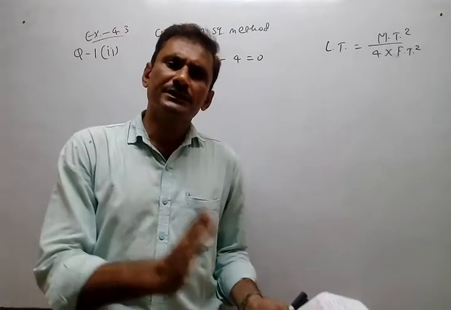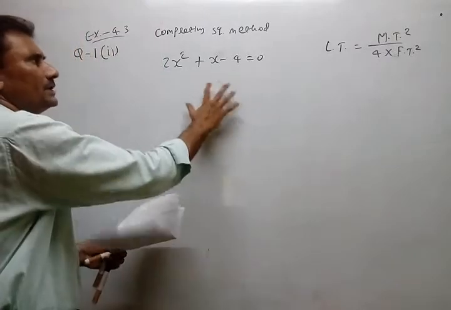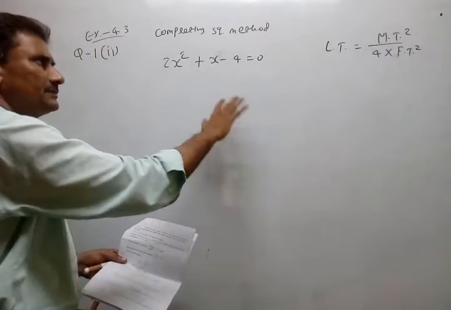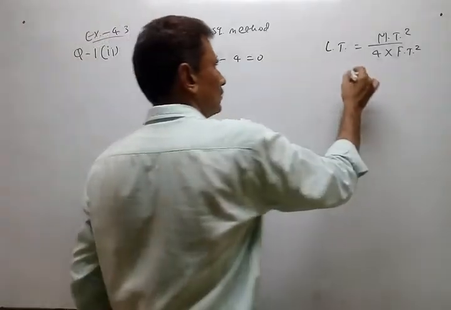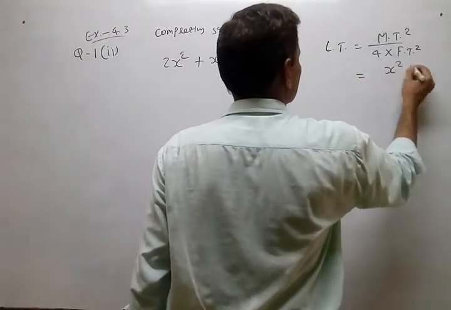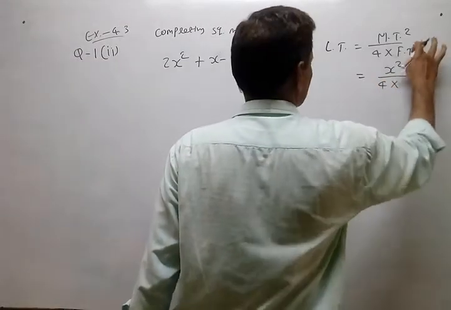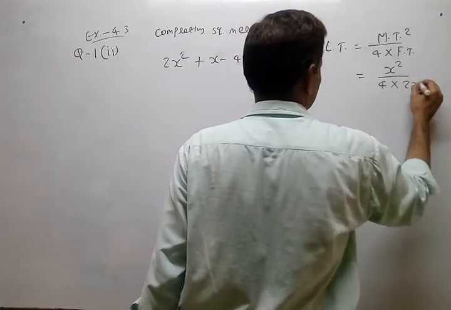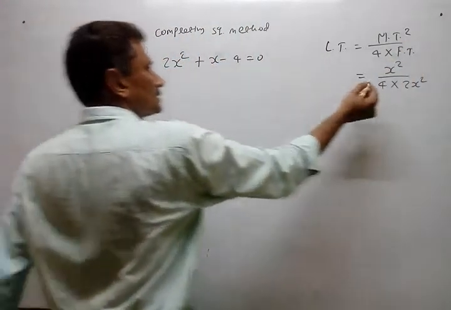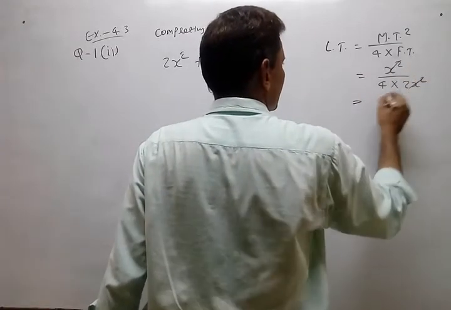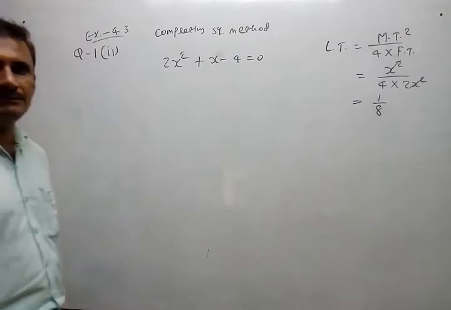It is just like yesterday's sum, nothing is new, so the method is revised. First of all find the last term: middle term square upon 4 into first term, not first term square, only the first term. So x square cancels out, and 1 by 8 is left.